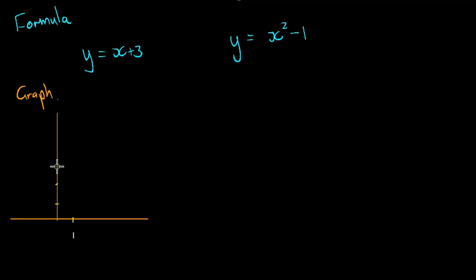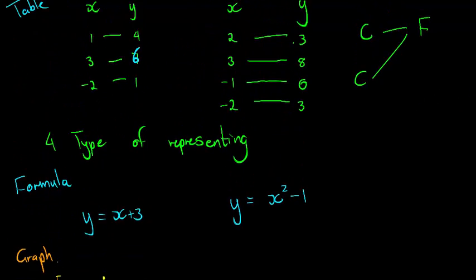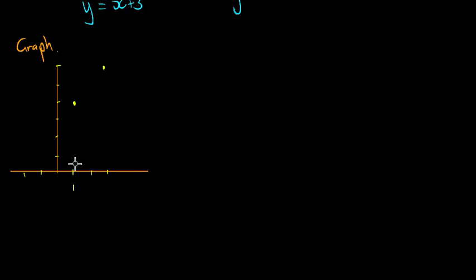When x was 3, my y value was 6. And when x was negative 2, my y value was 1. So look, I go up to the position where it should be.